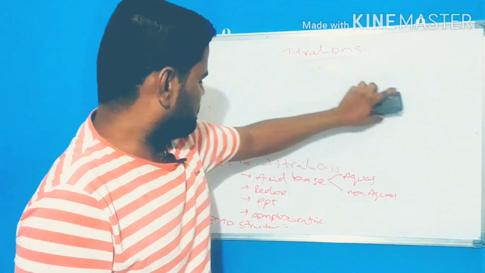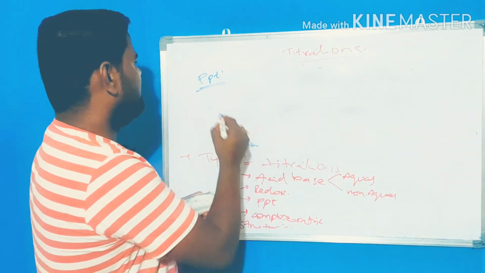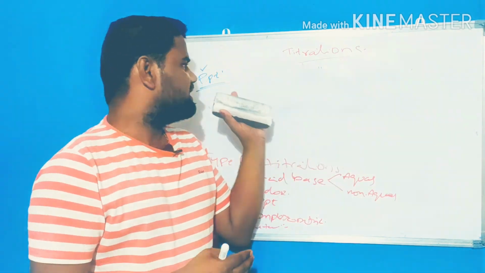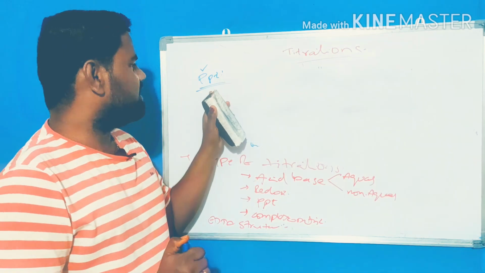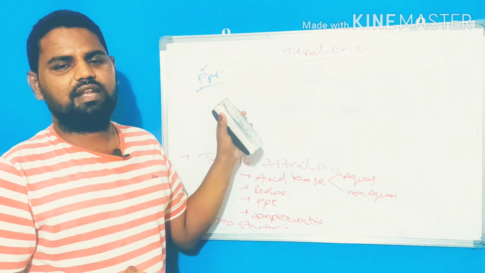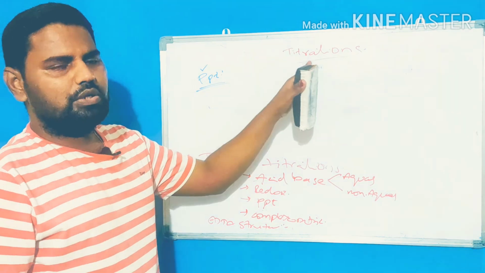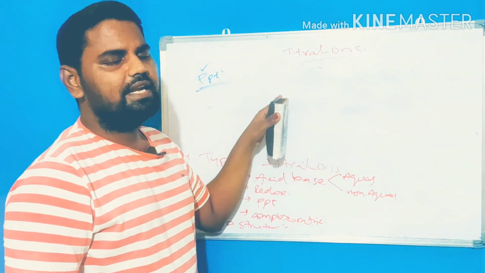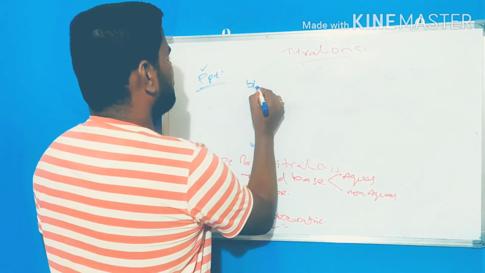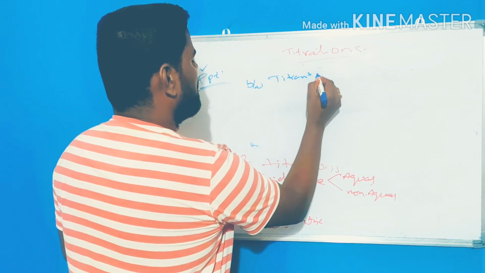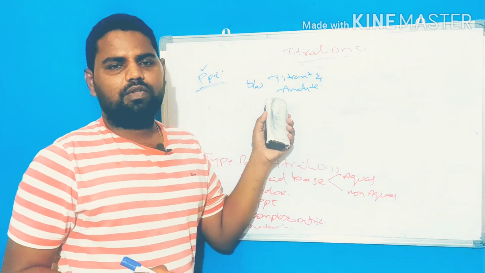Next, precipitation reaction. A precipitate is formed during the titration between titrant and analyte, and this is called a precipitation reaction.